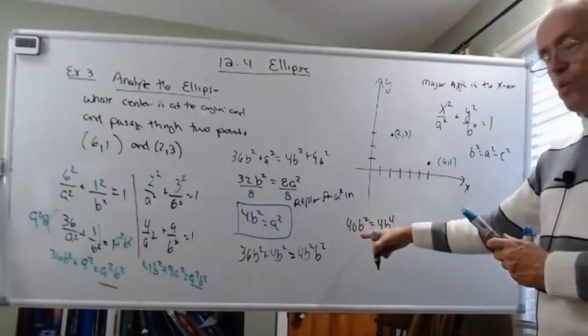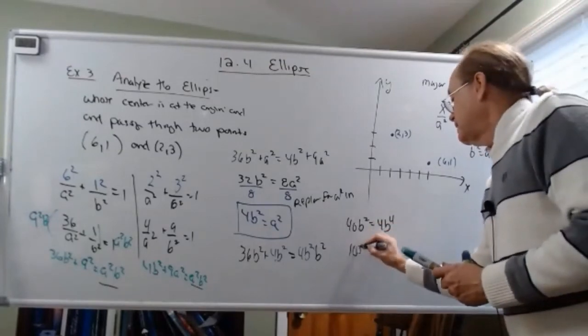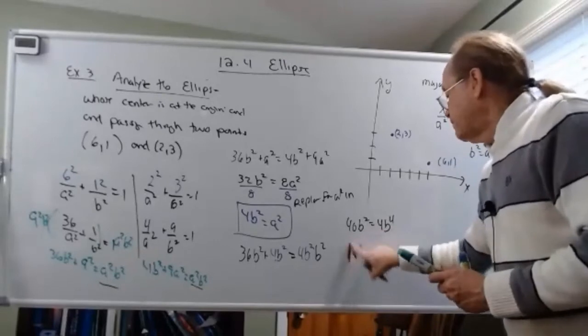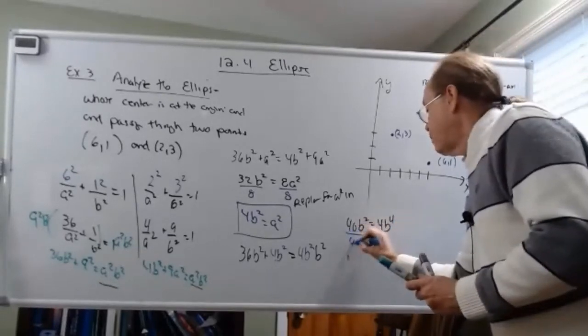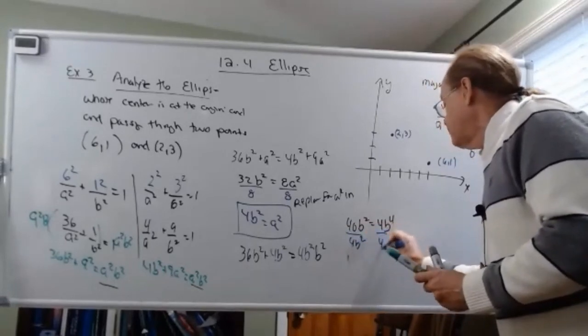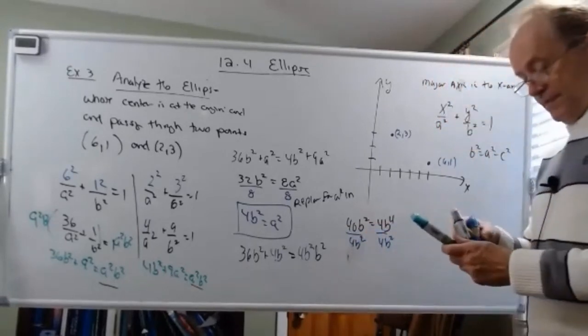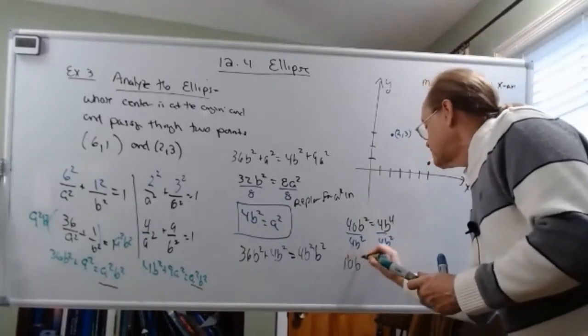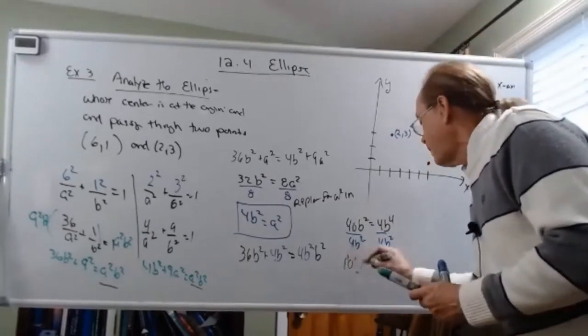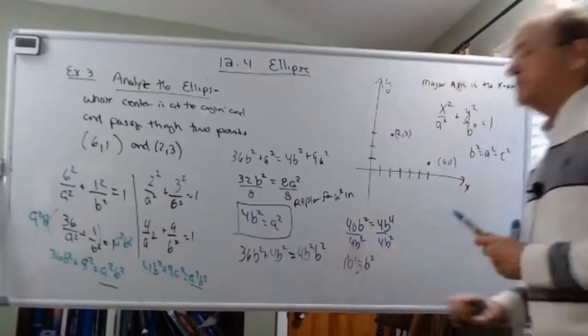Divide everything by 4, and I get 10. Well, divide everything by 4b squared. So I'm going to divide, let's do it so I can show you, 4 times b squared, 4 times b squared. So this gives me 10 is equal to b squared.